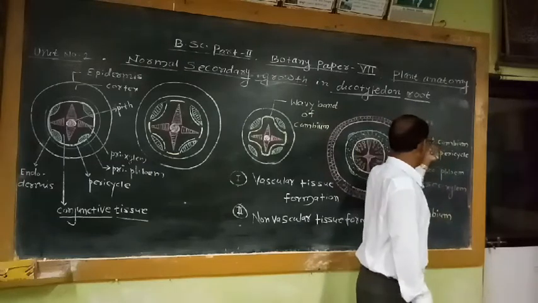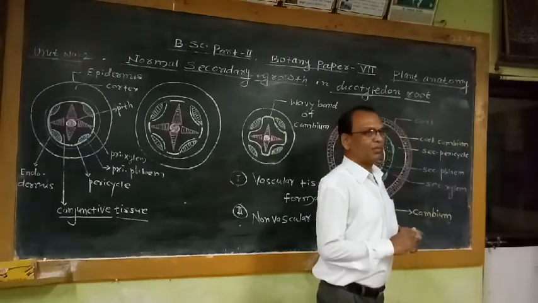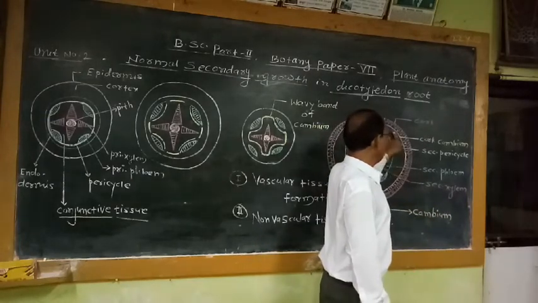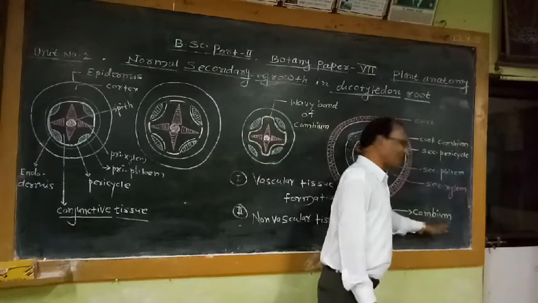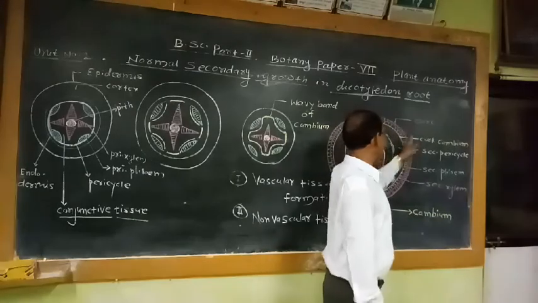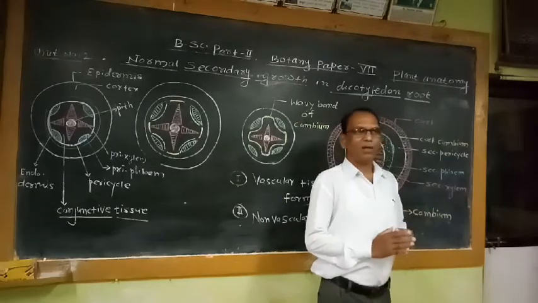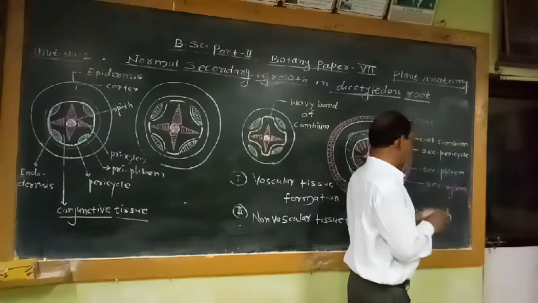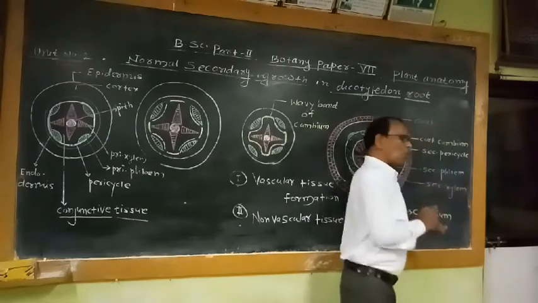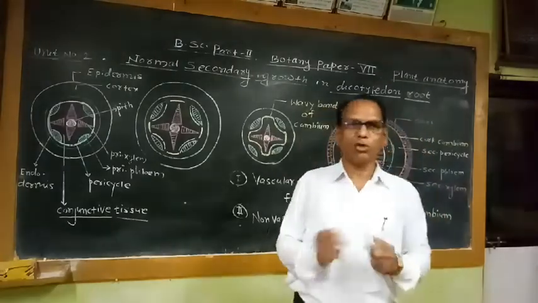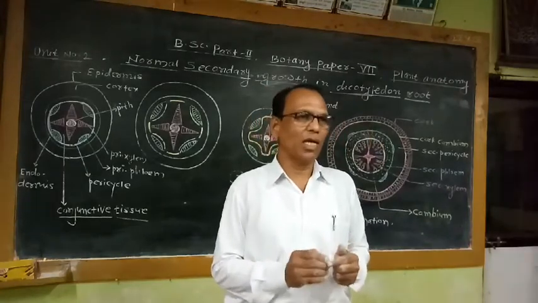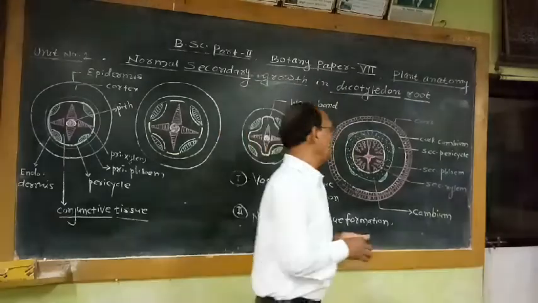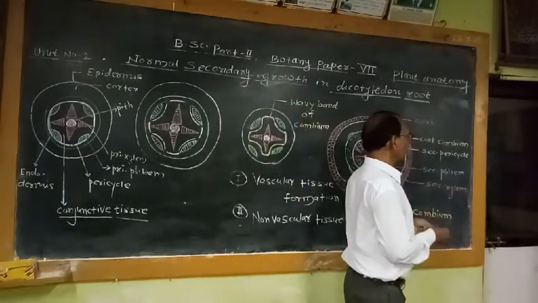So the origin of cork cambium is from the pericycle of the root. This cork cambium shows similar activity to the vascular cambium, and cells of this cork cambium divide tangentially, and at the peripheral side give the cork cell layers. That means the layers of cork are thick, suberized, dead tissue layers. That means rectangular brick-shaped empty cells are developed at the peripheral side. These are known as cork layers.